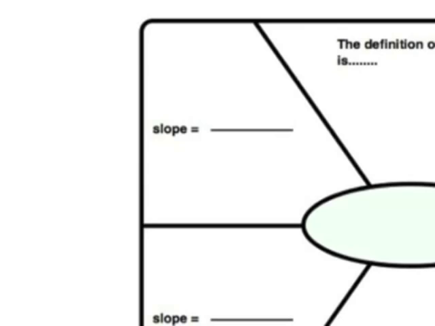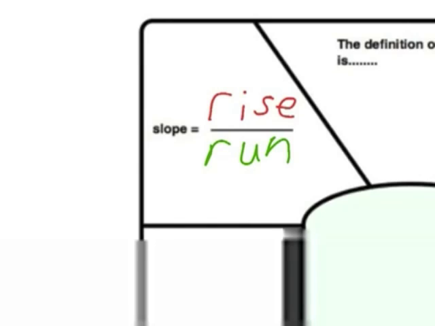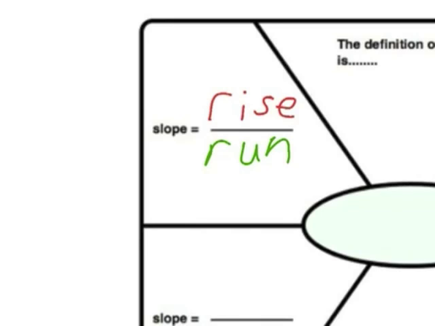Slope is, and that first word is going to be rise, or how far up and down a line goes, rise, over run, or how far left or right the line goes. Slope equals rise over run. That's some very easy things to remember here. And there you go. You got your slope.